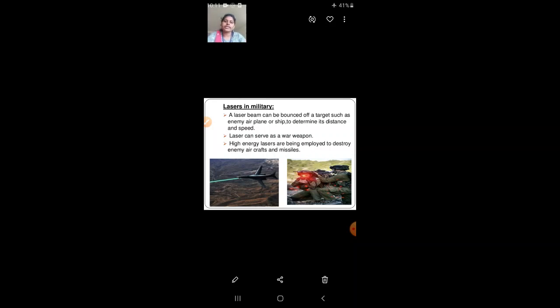And the laser can serve as a war weapon, and high energy lasers are being employed to destroy enemy aircraft and missiles. So they are using it in the military also.